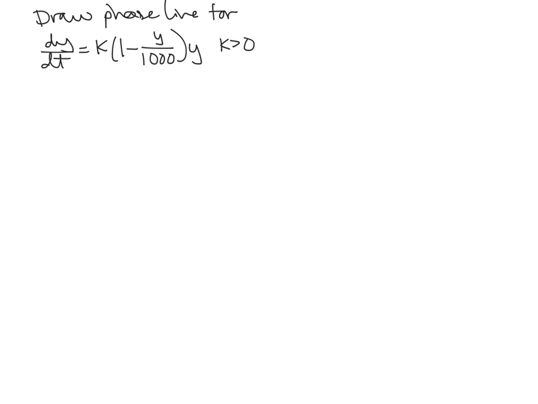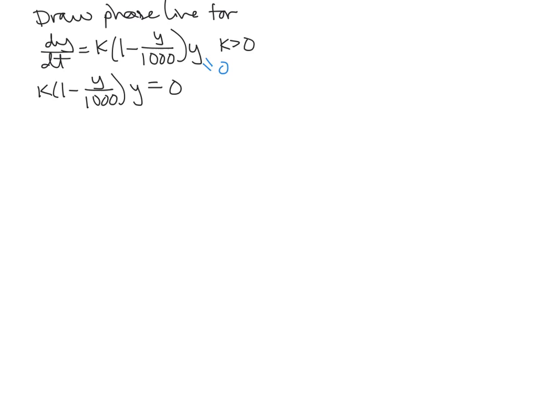Okay, so what we first need to do is find the equilibrium points. And to do that, we take this dy/dt and set it equal to 0. So we take k times (1 minus y over 1,000) times y and set it equal to 0.